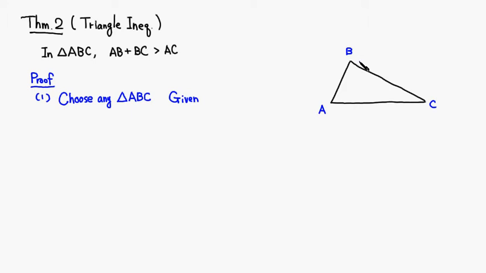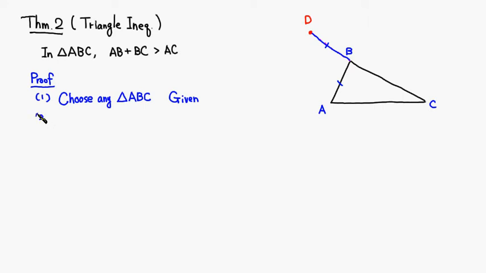Then we're going to construct an extra point D, such that we're going to extend this CB this way, and then create a point called D, making sure that the length DB is equal to AB. So let's write that down.